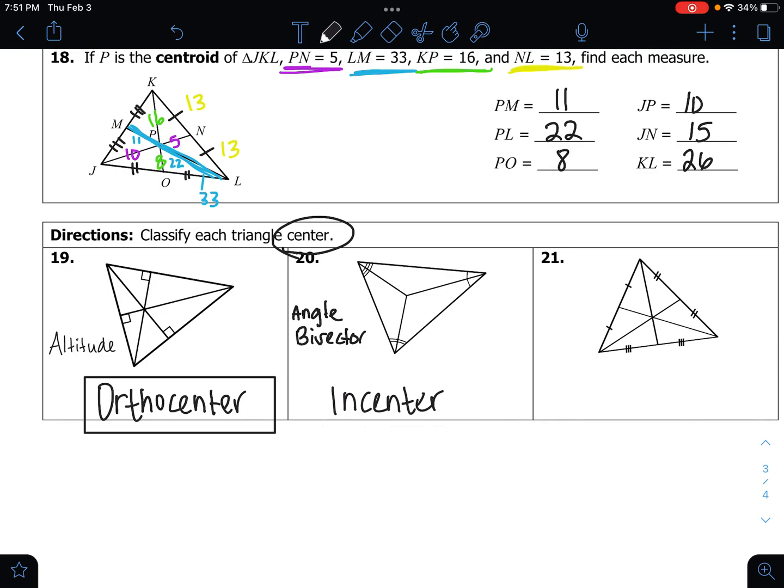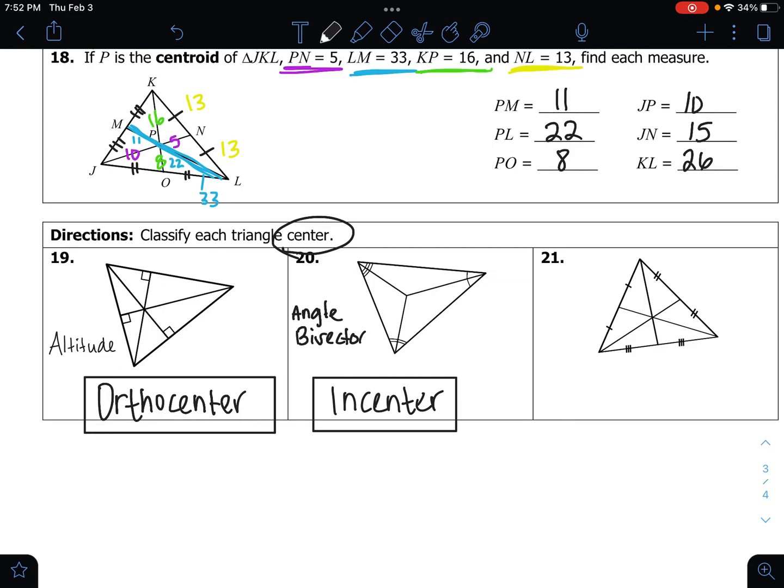All right, the next one we look at, we can see, hold on. Okay, that these line segments are cutting the other side in half. So it's a bisector of some sort, or it's going through the midpoint maybe. So let's take another look. Okay, it's not perpendicular. There's no square in the corner, so it's not perpendicular bisector. It's not perpendicular again, so it can't be altitude. It's not cutting the angles in half, so it's not an angle bisector.